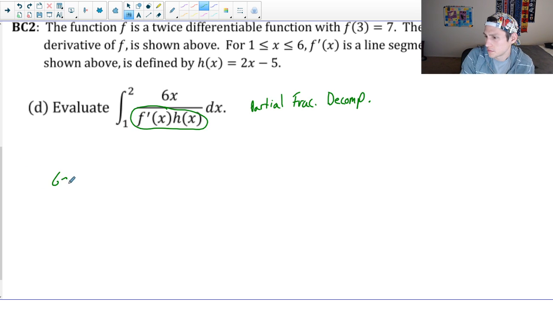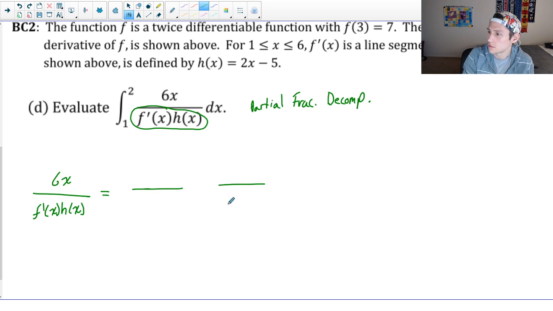So 6x over f prime of x, h of x. I'll have 2 fractions that this will decompose into. That is because I have 2 factors, f prime and h.